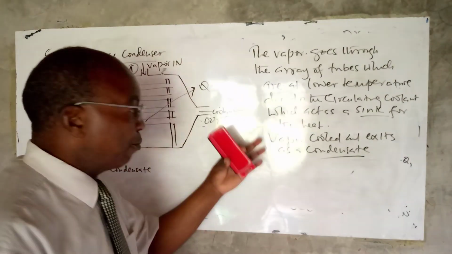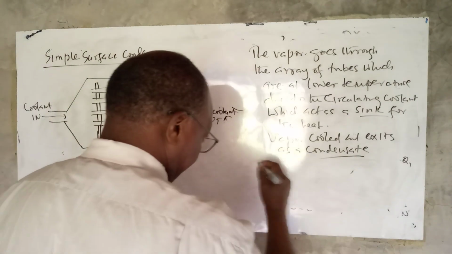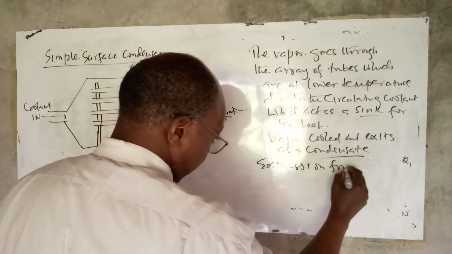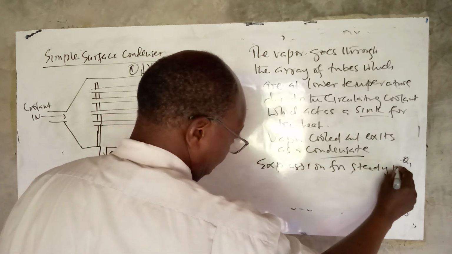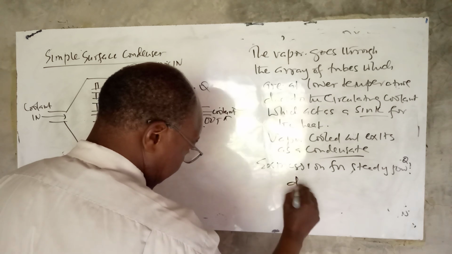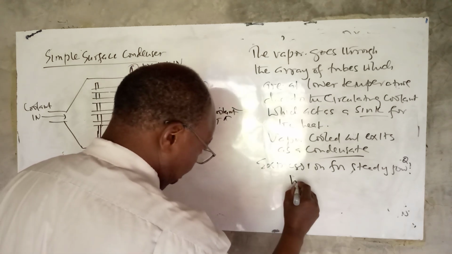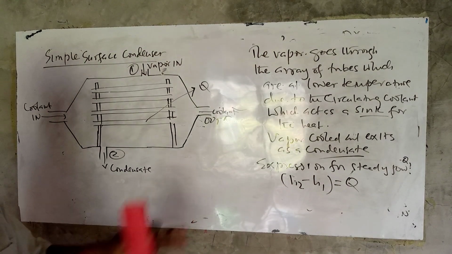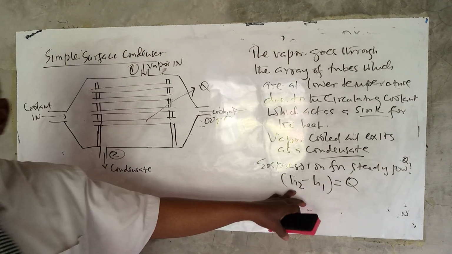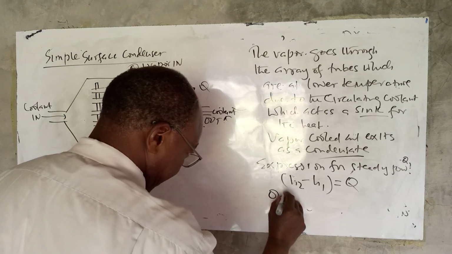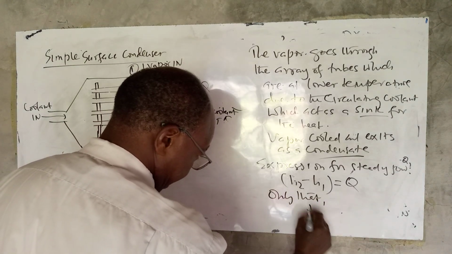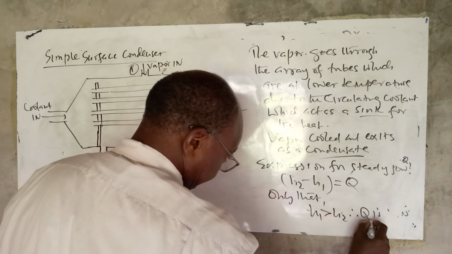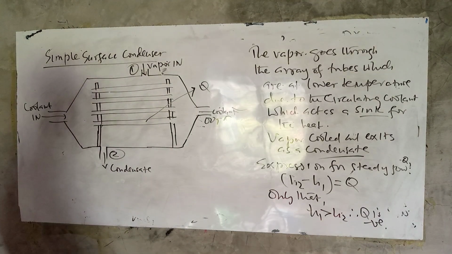The expression still remains for steady flow: H2 minus H1 is equal to Q. The only difference in this particular case is that H1 is greater than H2, therefore Q is negative. We'll be having a negative value.